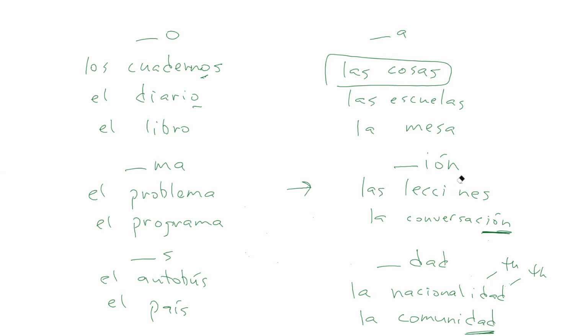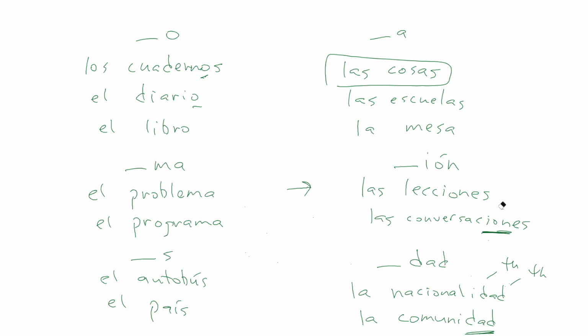And if you watch the accent and stress section, you'll see that the accent goes away when you make that word plural. That's in another video for you to watch. Again, la conversación, we make that plural, las conversaciones. Okay, so basically that's how to do plurals. Add an S to vowels, add an ES to consonants.